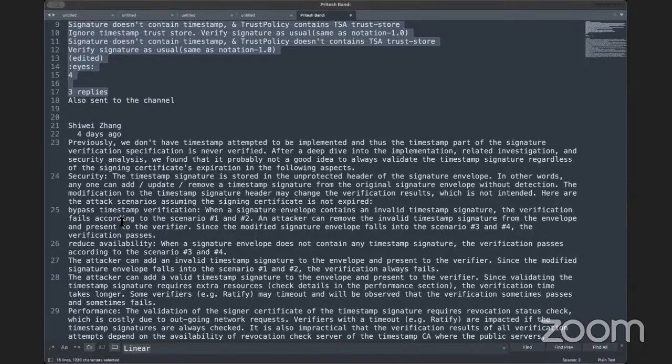We are relying on it because we want to avoid the brittleness which is caused by signing certificate expiry. Because there are scenarios, for example, I took a signature which was timestamped. Let's say either the timestamp signature was bad or it was by an untrusted third party.